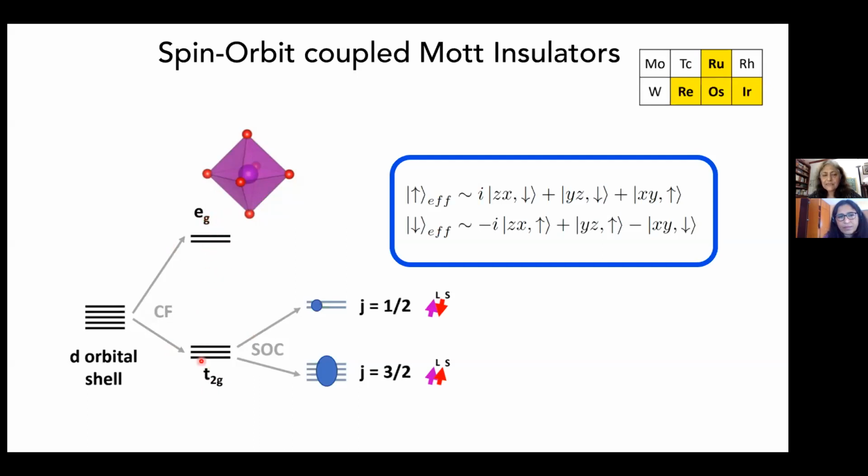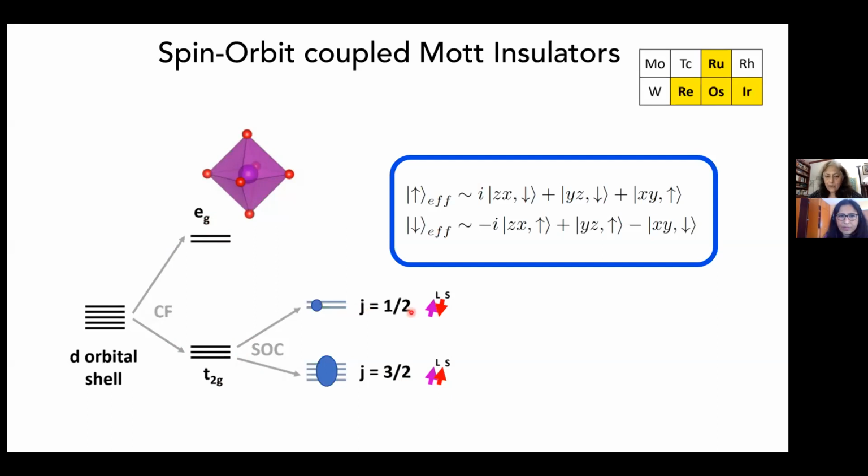This crystal field splitting is very large, so we can ignore that. Furthermore, when you have spin orbit coupling, t2g combined with spin gives you 6 states, and these 6 states split into a 4-fold degenerate J equal to 3/2 and a 2-fold degenerate J equal to 1/2.